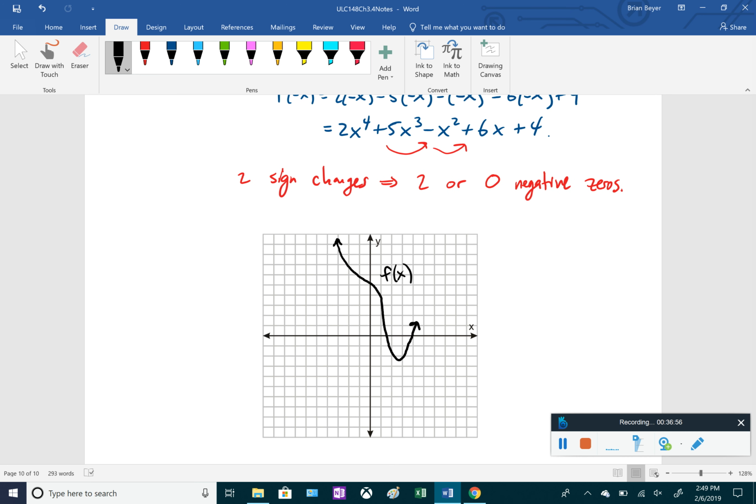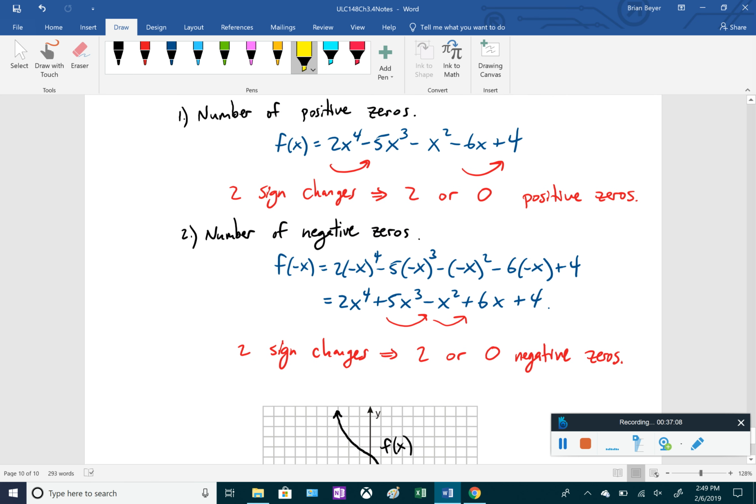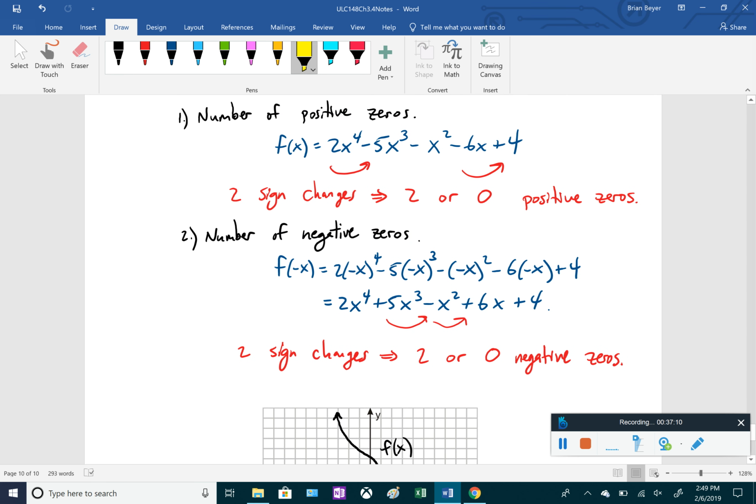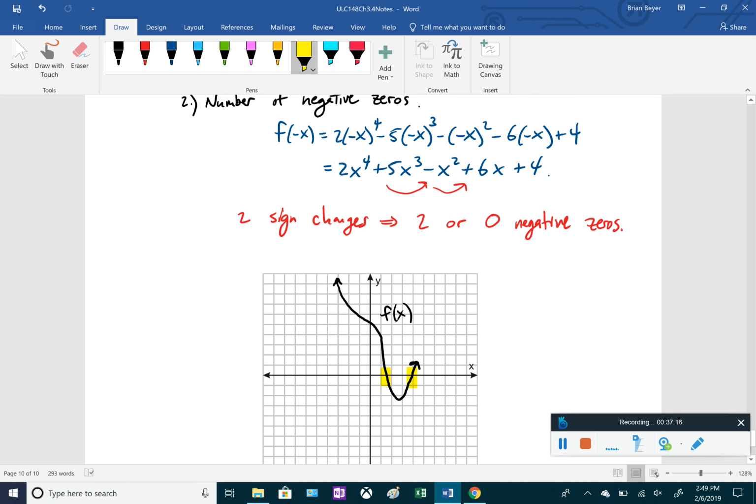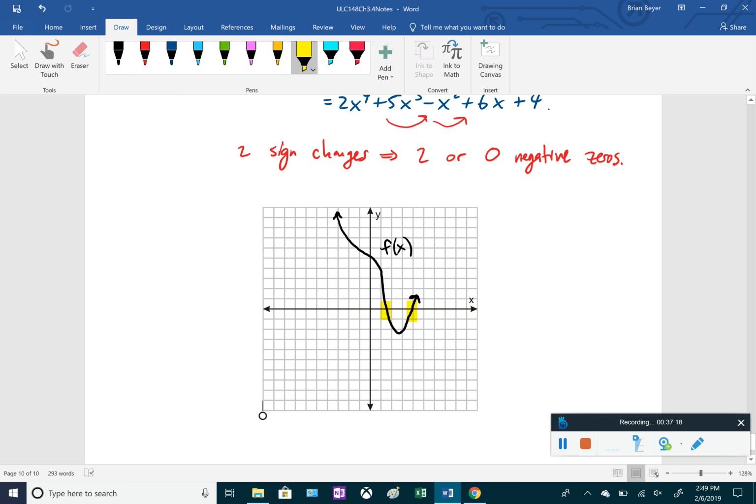If we look at the graph of it, not my best graph in the world, we can see that there are 2 x-intercepts and they're both positive, and there are no negative x-intercepts. So this agrees with our findings for Descartes' rule of signs. Positive ones, we said 2 or 0, there's 2. Negative ones, we said 2 or 0, and there's 0.